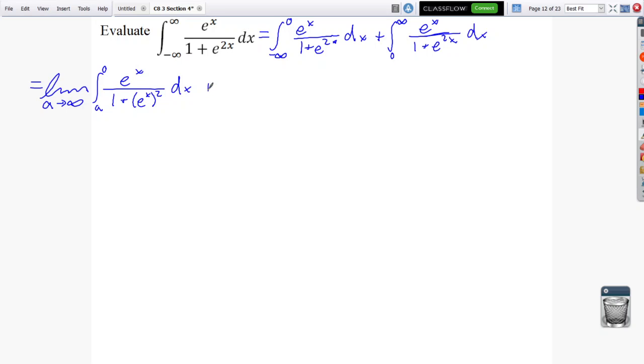Plus limit, and again, you could use the same variable, but it gets a little bit murky, so I'm going to use b over here as my limit, as b approaches infinity of the integral from 0 to b of e to the x over 1 plus, again noting that e to the 2x is e to the x squared, dx.